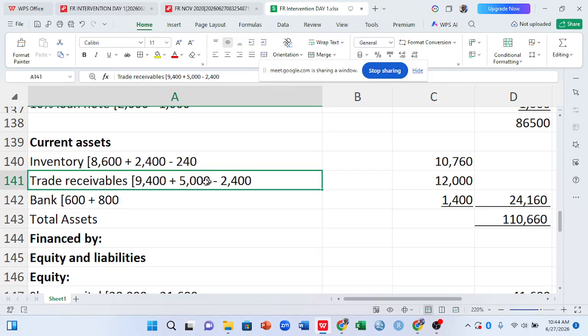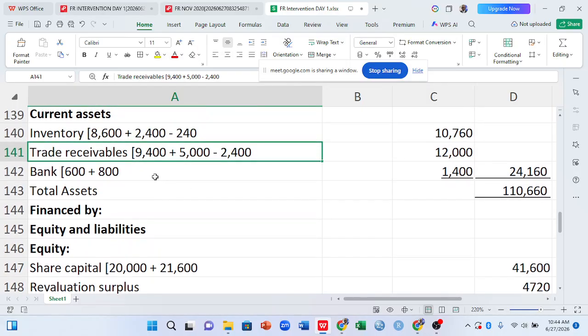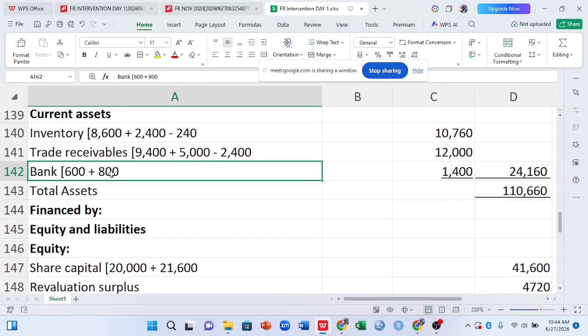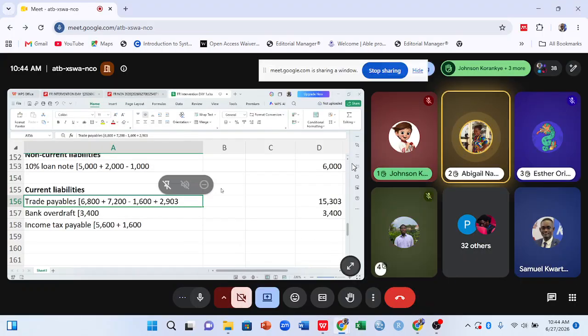You are a family now. If you're a family, you're not supposed to owe each other, so you subtract the 2,400. Then they give us that during the year there was a cash in transit. So the amount the other party will now be owing is 2,400 minus the 800, which gives us 1,600. And the 1,600 you have to less from the trade payable balance, because you're a family. You shouldn't owe each other. So you less the 1,600. Oh, okay. So we are lessening it because now they are together. Yes.